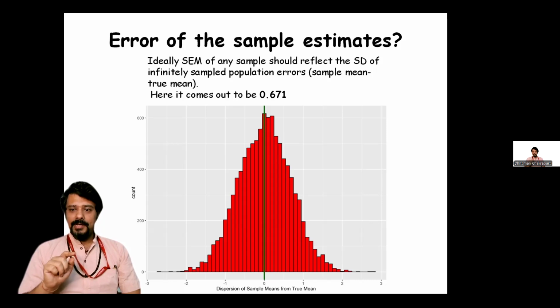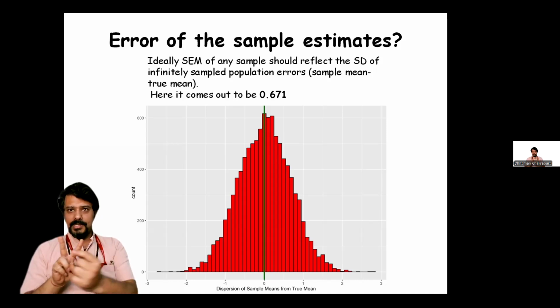If we take plus minus 2 standard deviations around the mean, as per the normal distribution characteristics, 95% of the entirety of the errors in measurement should come within those. Only 5%, that is 2.5% on one side and 2.5% on the other side, are left out.